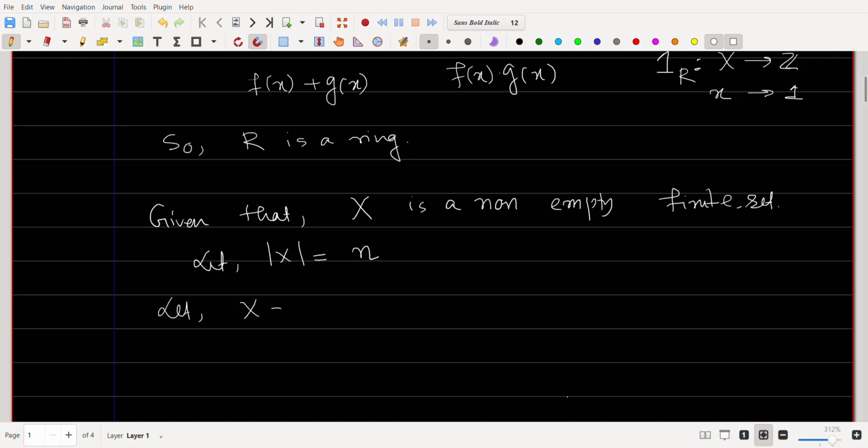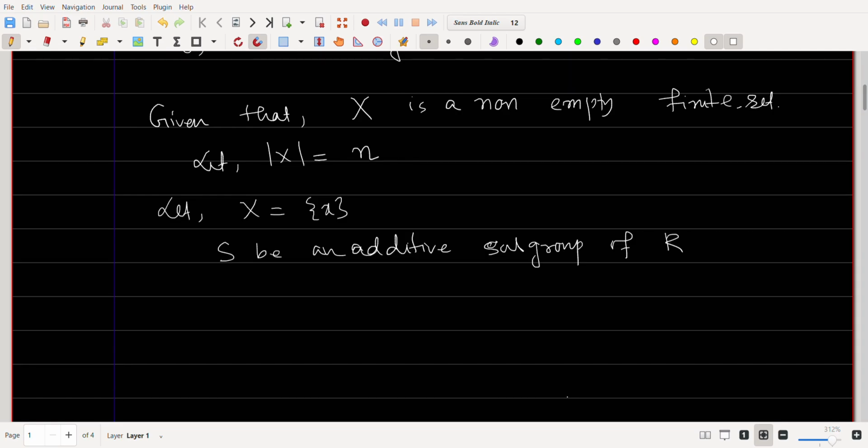Let X be a singleton, and S be an additive subgroup of R and satisfies the condition.